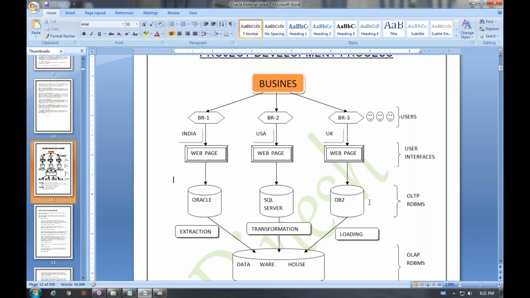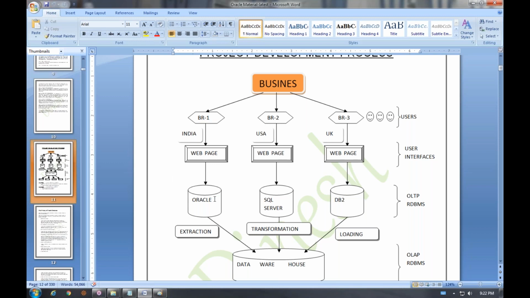Quarterly. January, February, March, first quarter. April, May, June, second quarter. July, August, September, third quarter. October, November, December, fourth quarter. At the end of every quarter, listen carefully, from January 1st to March 31st, they will maintain data under OLTP.